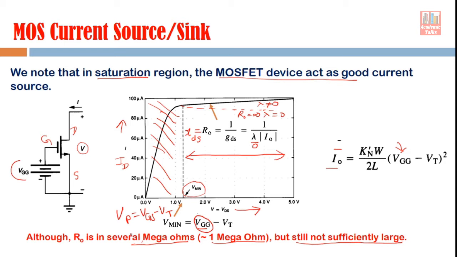We have to find ways so that we can increase it further. So you have to be careful about it. Our purpose is to find out the ways which can make this R naught as high as possible, so that we can get almost ideal characteristics from our source. So how to improve it, that we will see in the next slide.